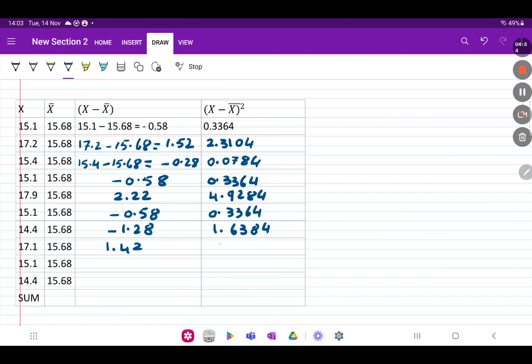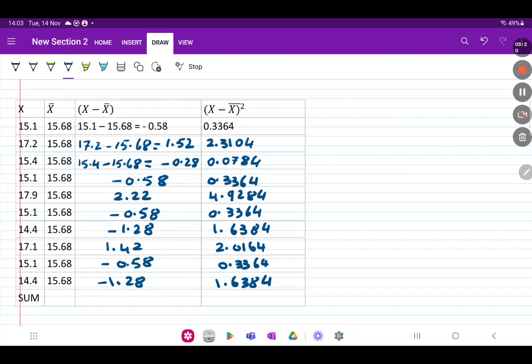Then 1.42 gives us 2.0164, minus 0.58 gives 0.3364, and the last one, minus 1.28, will give us 1.6384. Okay.